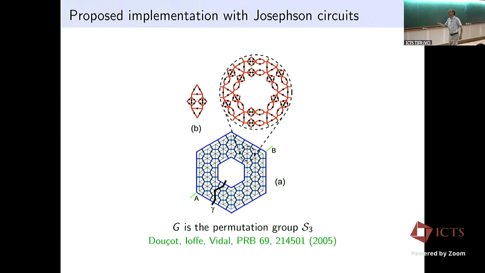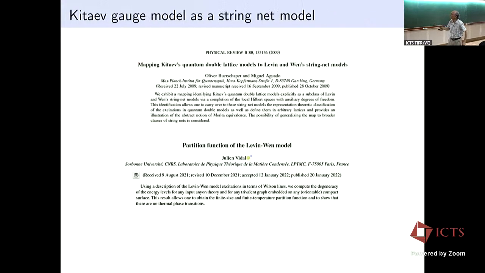Needless to say, this has never been implemented in real life. Only the Z2 version was implemented, in particular by Misha Gershenson at Rutgers University. And he obtained really very interesting results. In particular, he has shown that doing this creates some sort of qubits that have some kind of protection from decoherence compared to the qubit you can make with just one superconducting junction. So that was the physical motivation.